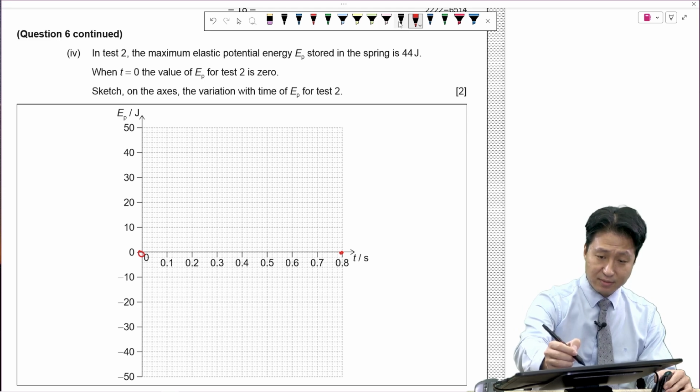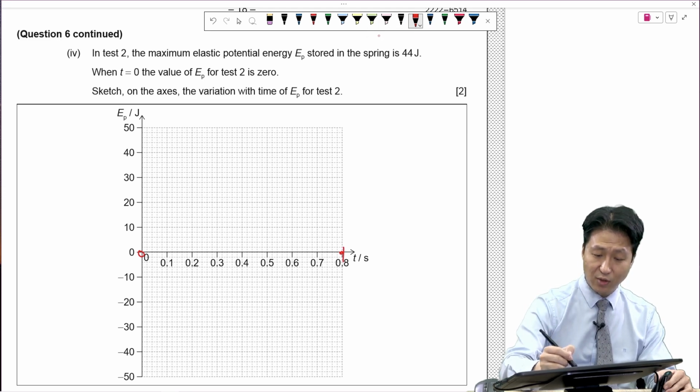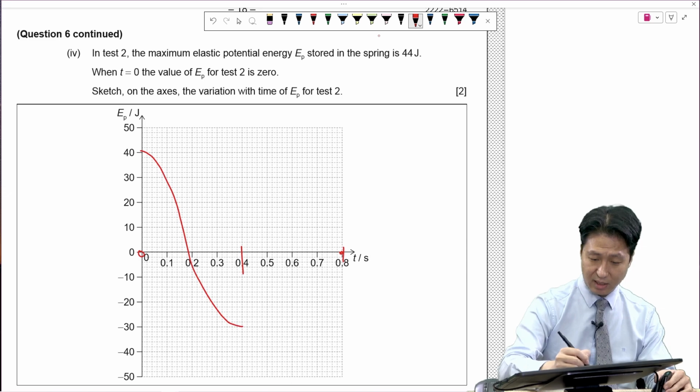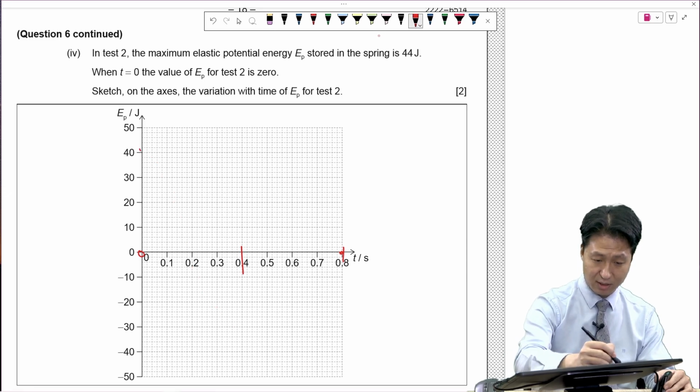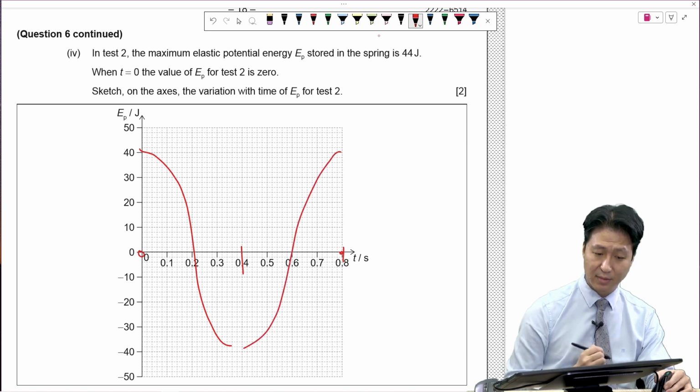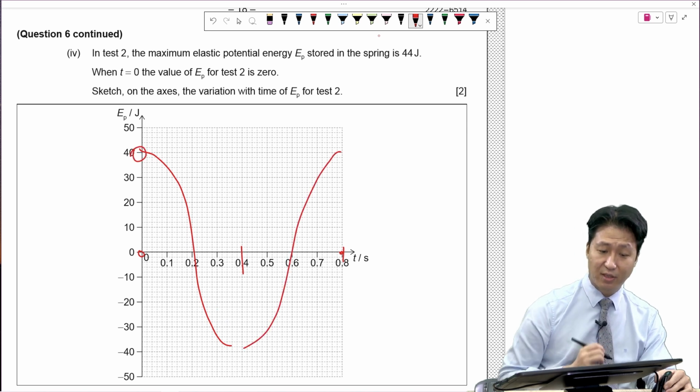But here's the thing. If you look at one oscillation, if you look at the velocity graphs, you get something like this. Actually, let's not put it to scale yet. At the maximum velocity, you have 0 potential energy.